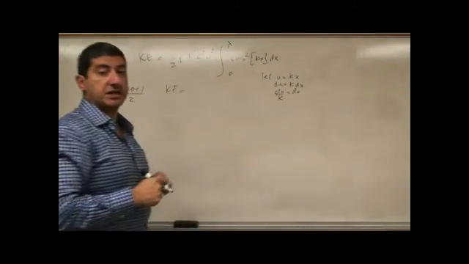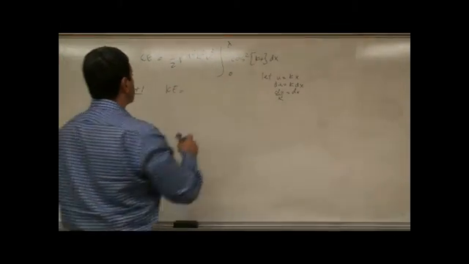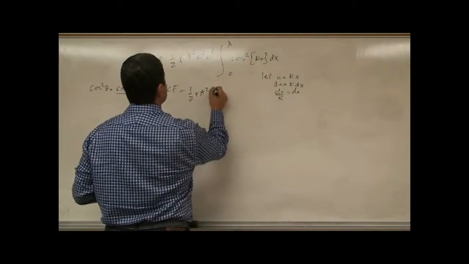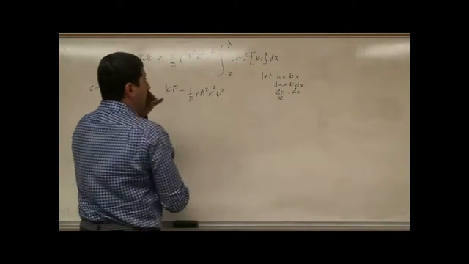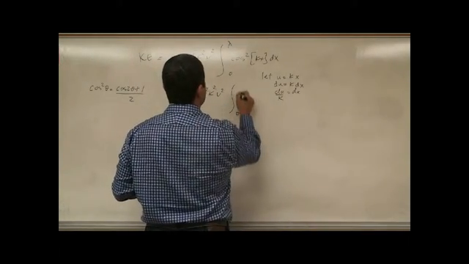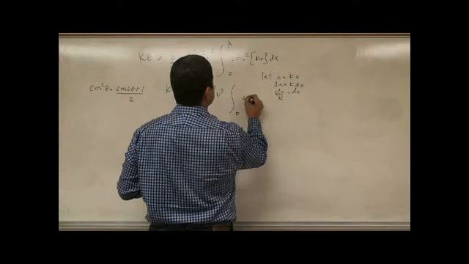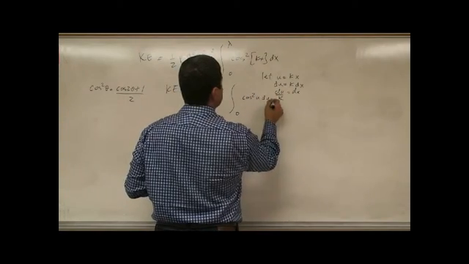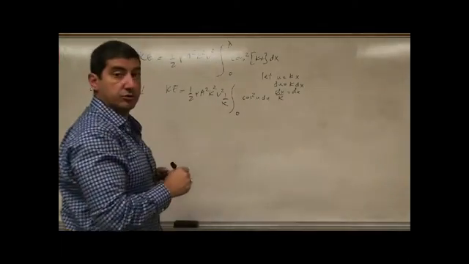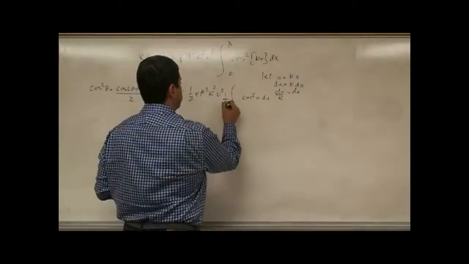Remember, k is the wave number. So that becomes 1/2 mu a squared k squared v squared, and then you're going to have the integral here from 0 to, let's see, cosine squared u du, right? And dx is going to be du over k, so 1 over k is going to come out, right?